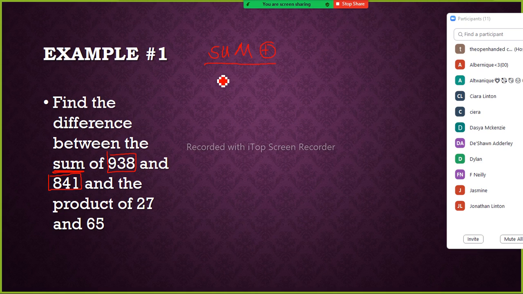So we have 938 and 841. We add them together. 8 plus 1 is 9. 4 plus 3 is 7. 9 plus 8 is what? 17.